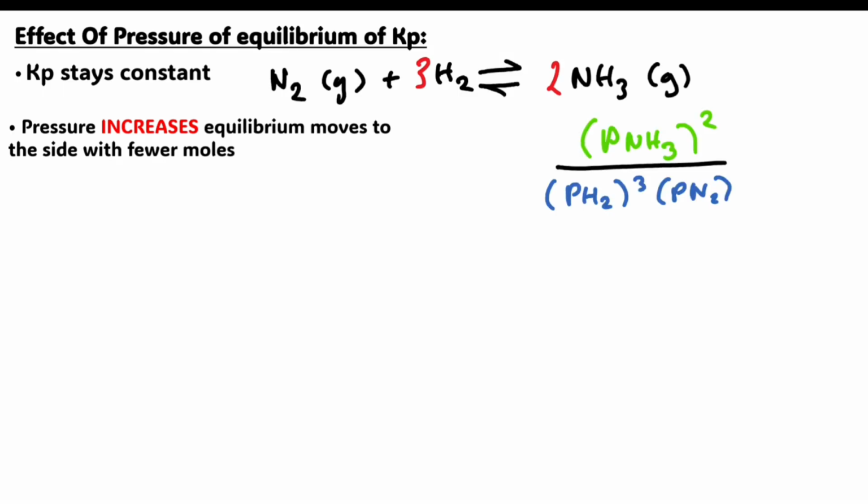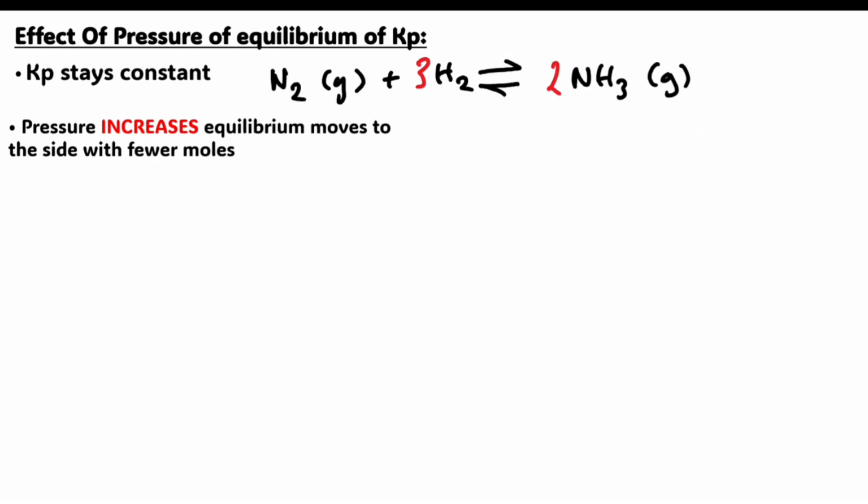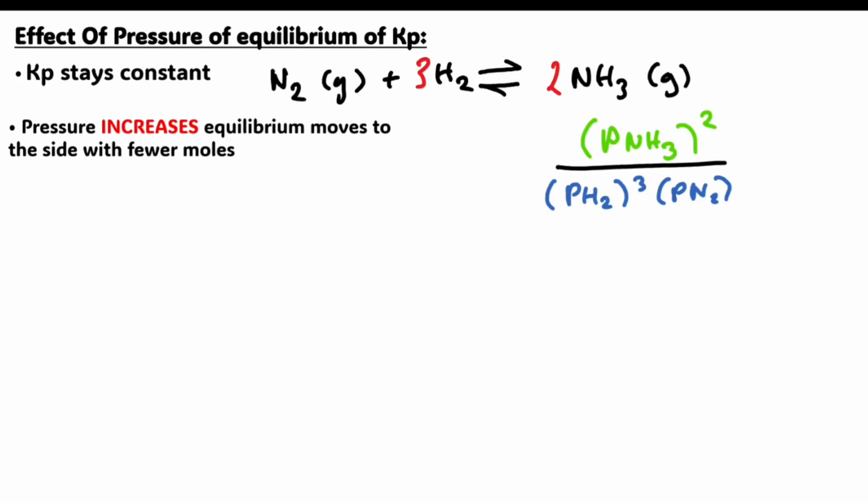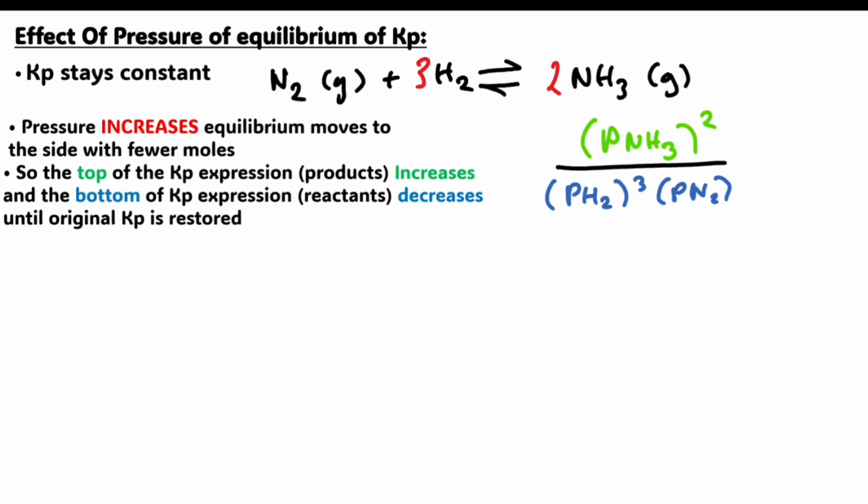Therefore, equilibrium will move to the right hand side because there's only 2 moles on the right hand side, whereas there's 4 moles on the left hand side. And if you write the expression for this Kp, which is this, then since the pressure is increasing and equilibrium moves to the right hand side, the products increase and the reactants decrease until the original Kp is restored.